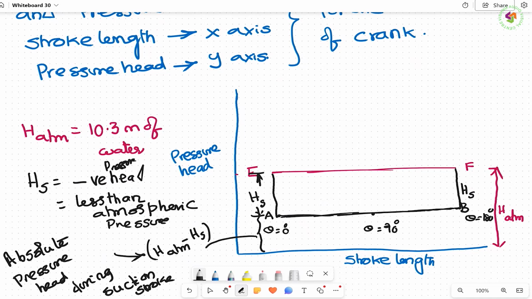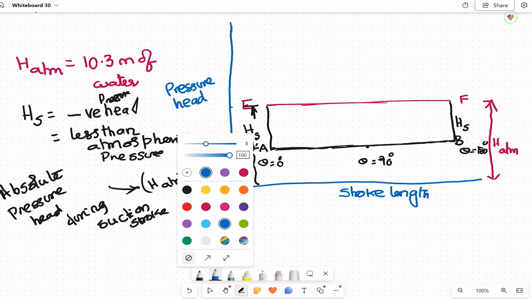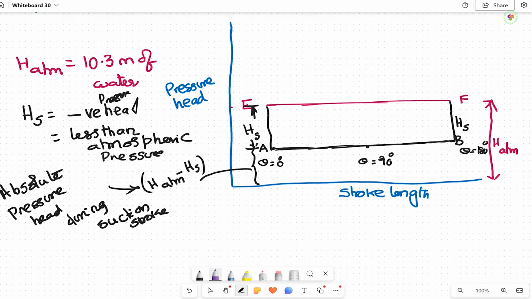Next, what happens after 180? From 180 to 360, you can call it the same as 0 to 180. Again, during the delivery stroke, the pressure head is constant and it is above atmospheric pressure head.